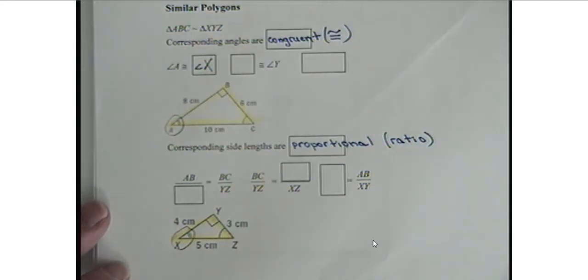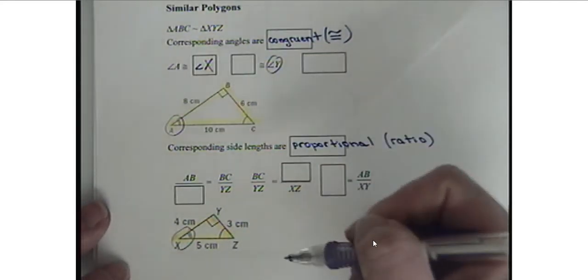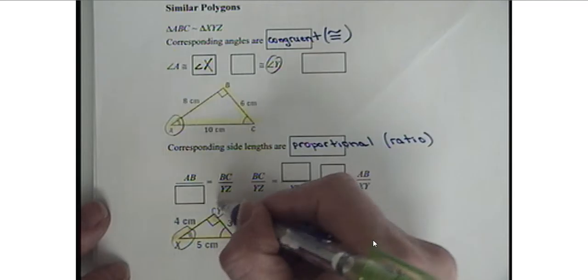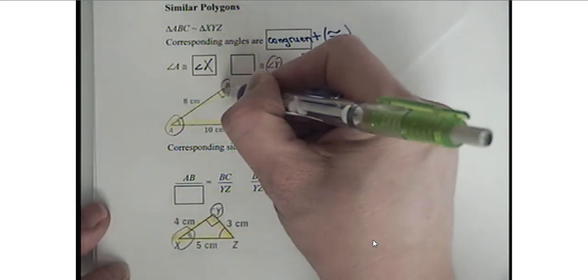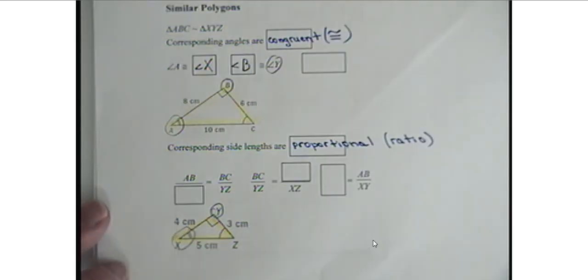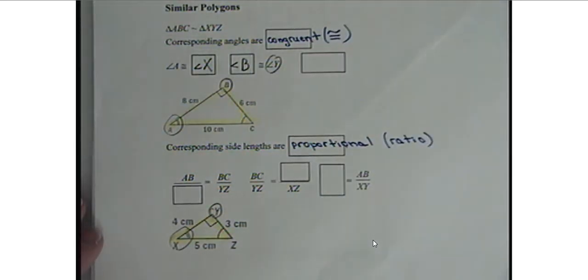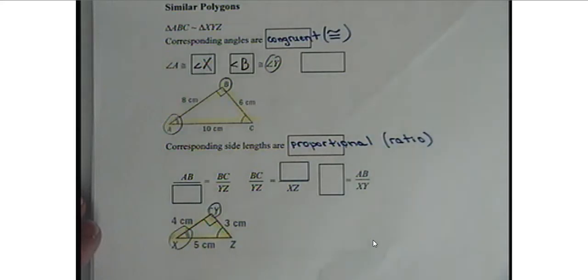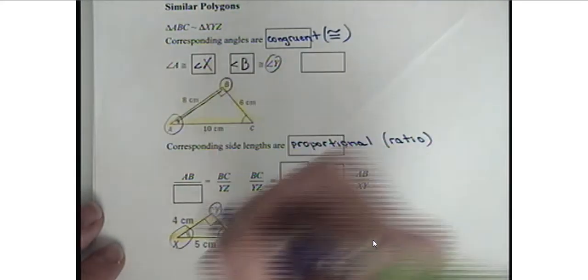Same thing, if I have angle Y, then congruent to angle Y will be angle B. Those two are congruent.